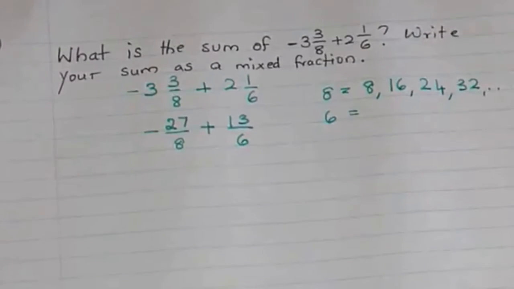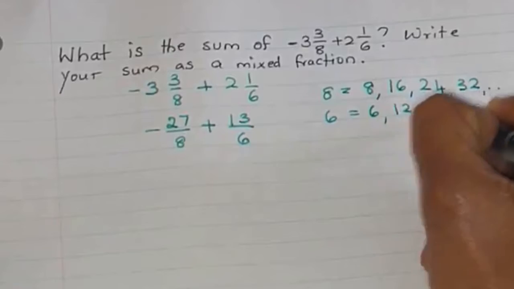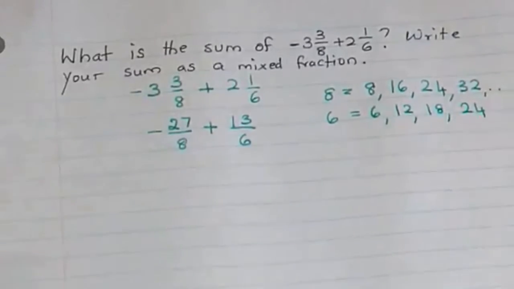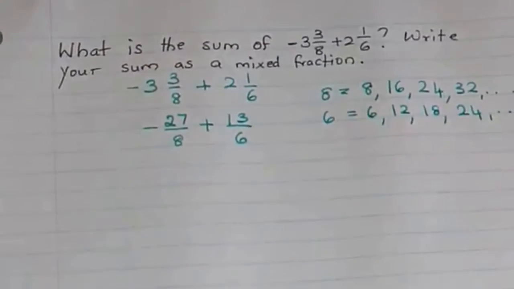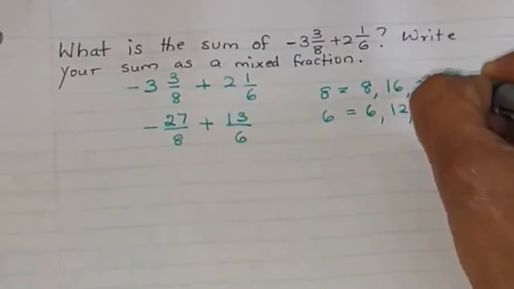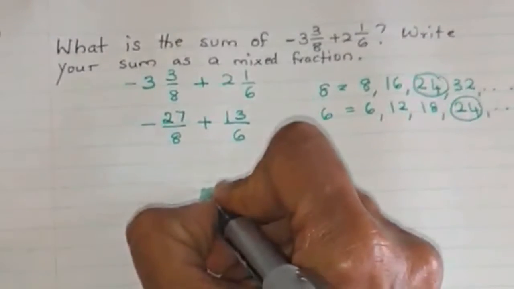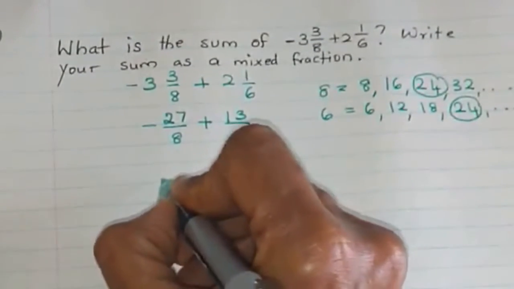Let's look at the multiples of 6. So that's going to be 6, 12, 18, and 24. I'm going to stop there because I've already found the common multiple, which is going to be 24. So that's what I'll be using for the fraction.